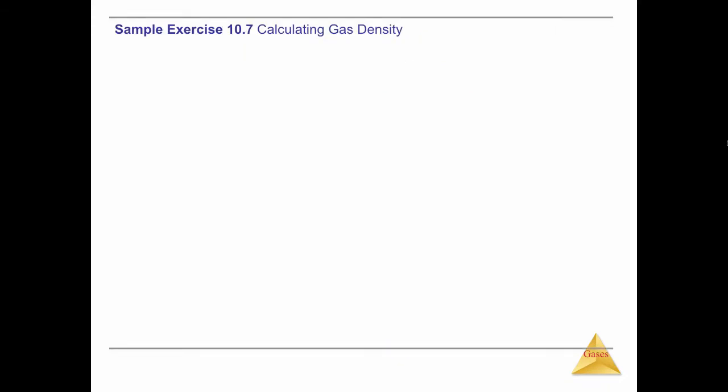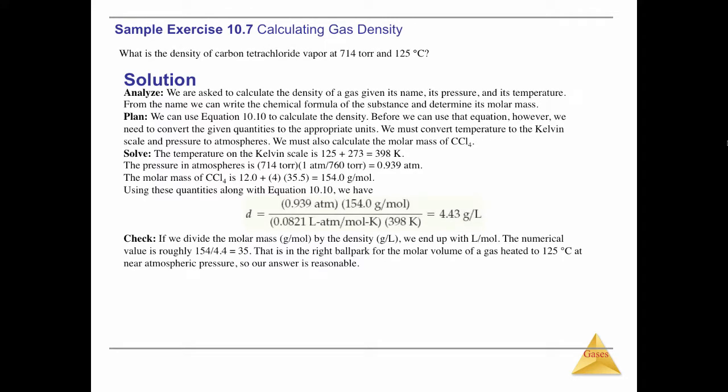Let's apply that equation to sample exercise 10.7, calculating gas density. So our question is, what is the density of carbon tetrachloride vapor at 714 torr and 125 degrees Celsius? And again, we only need to know the molar mass, the pressure, and the temperature to calculate the density of a gas.